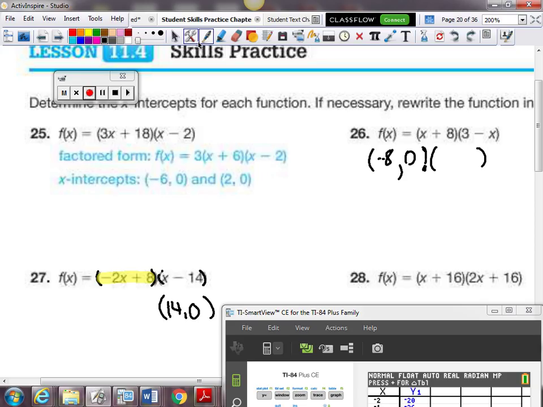In this case, we're going to factor out a negative 2, and we're going to get negative 2 parenthesis x. Now, if I'm factoring out a negative, that's going to change my sign, and 4.